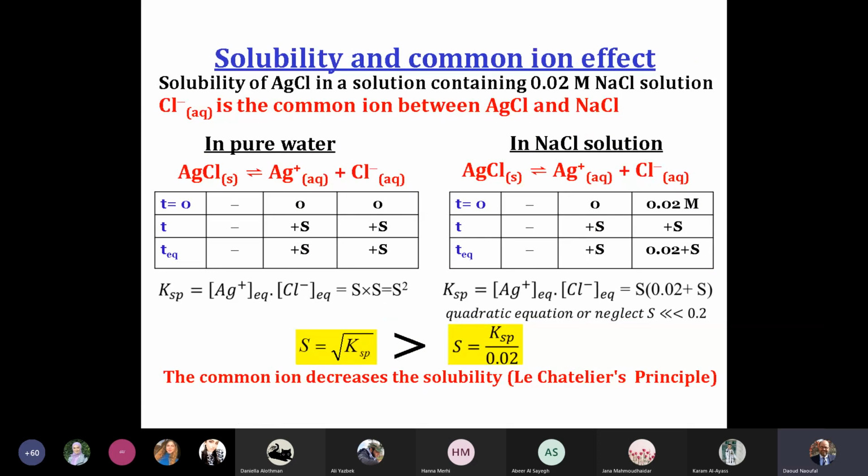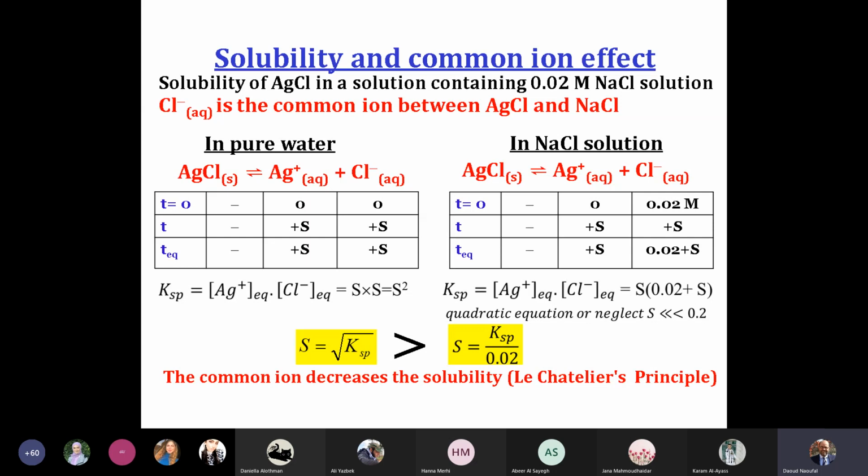Solubility and common ion. We explained in the acid-base part what the meaning of the common ion is. When you have HA that is put in water, HA will dissociate to A minus and H3O plus.